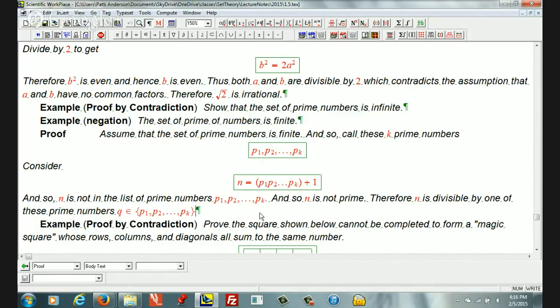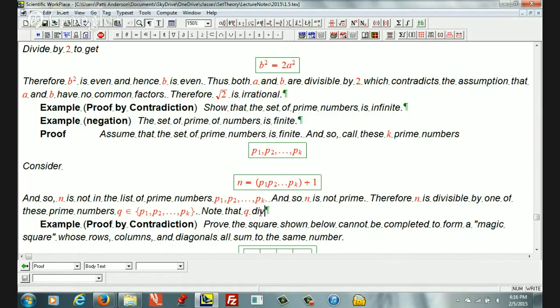Don't worry about that part, because we're going to actually show that. Yeah, that sentence is confusing. Just strike it out. It's not necessary to the proof. You're just making this N bigger than any of the prime numbers, so it's not in the list, which means it's not prime, which means it's divisible by something in the list. That's all I need.